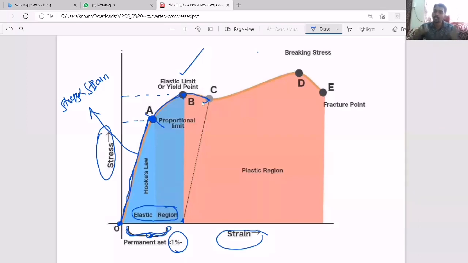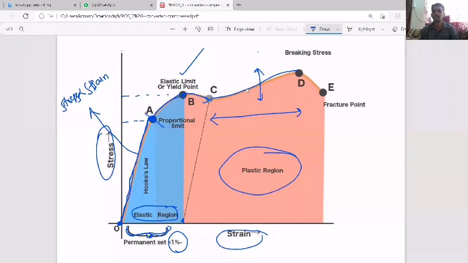But after that, you still increase the stress. See, for a small increase in stress, only this much stress I increased, but this much strain happened. For a small change in deforming force, the change in dimension becomes huge. This region, where it cannot regain and permanent changes are happening, is called the plastic region.